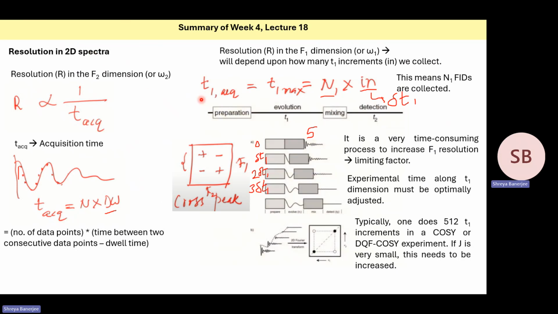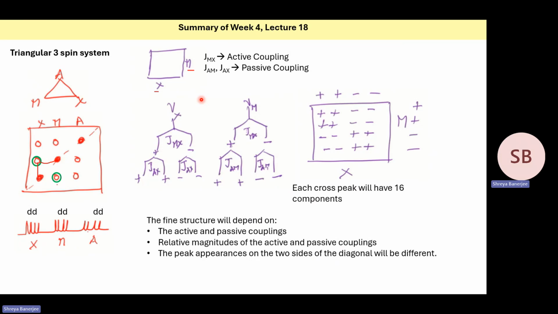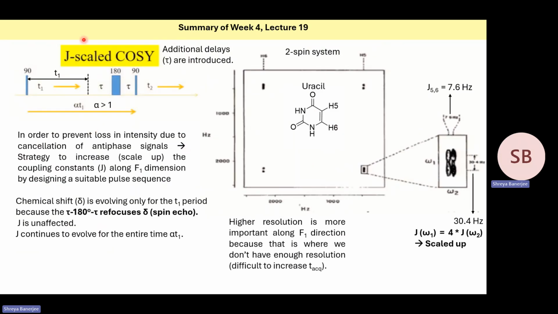So now we want to increase the J value or resolution along F1. And that is why this pulse sequence, the J-scaled COSY, has been designed, so that we can increase the J value, that is the resolution along F1, and that will help us get better resolved cross peaks. The problem that was happening, that cross peaks were getting cancelled out because the antiphase signals were merging, will not happen.